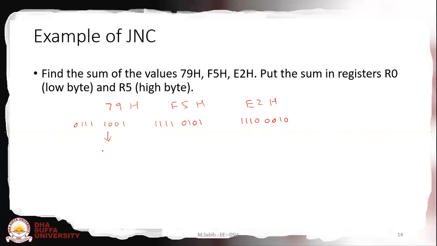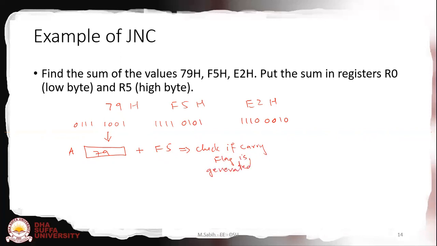I will place this into register A, and then I will add to it. So 79 will come here, and we will add F5. After this addition, we are going to check the outcome, whether the carry flag is generated.